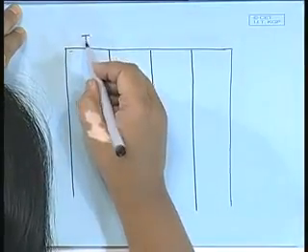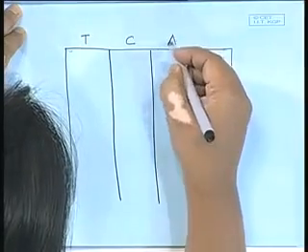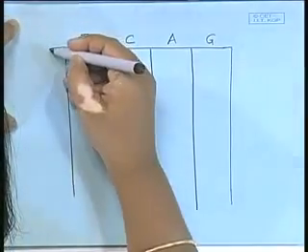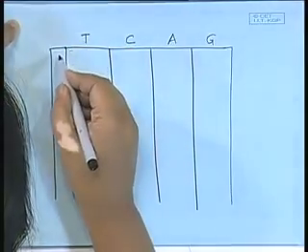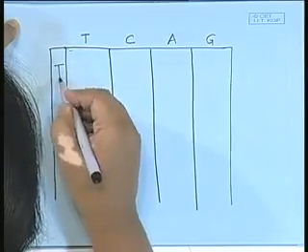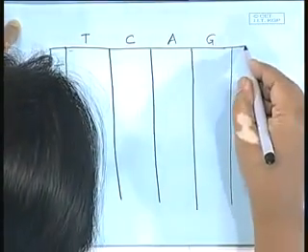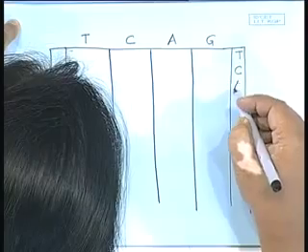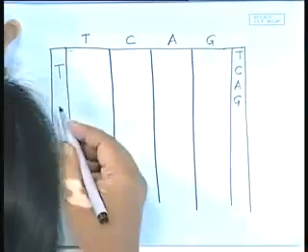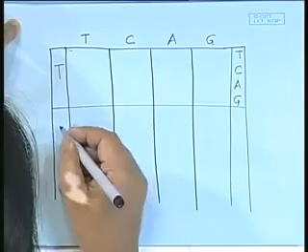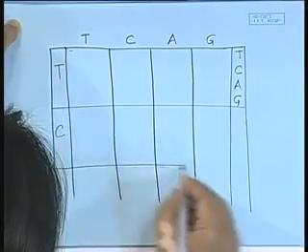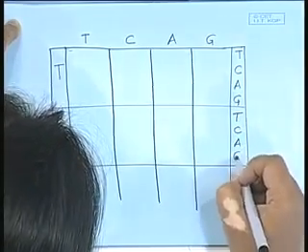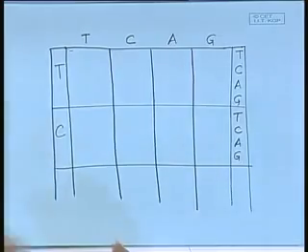We have T, C, A and G. Here we have say T. Here we have again T, C, A, G. Here we have C. Again T, C, A, G. This is something that was found by Hargobind Khorana.